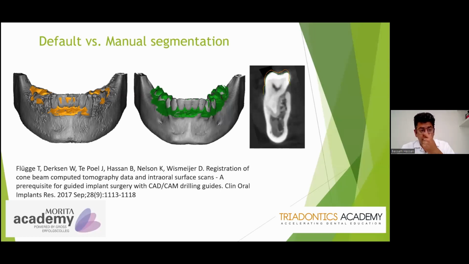If you accept the default segmentation of the scanner, so the software proposes a certain segmentation and you import the intraoral scan, you get a certain registration precision. But if you want to do it very well for guided surgery, you needed to do manual segmentation of the cone beam. You need to clean the surfaces yourself, do the segmentation, outline everything. It took hours to do.